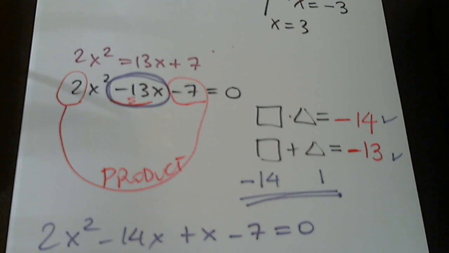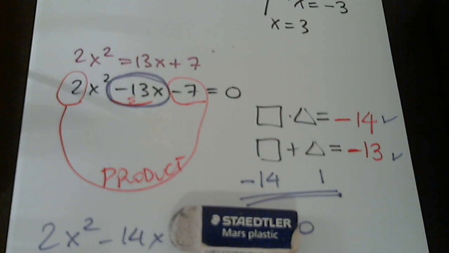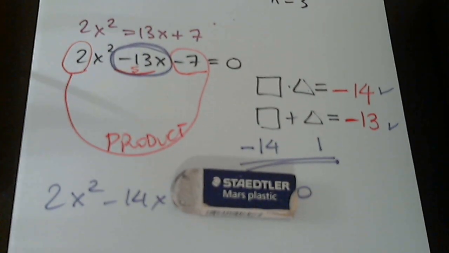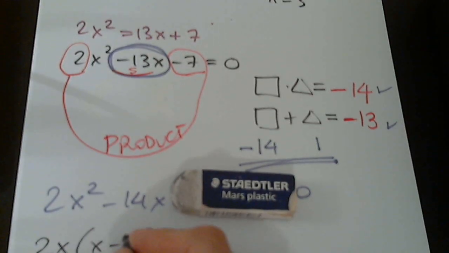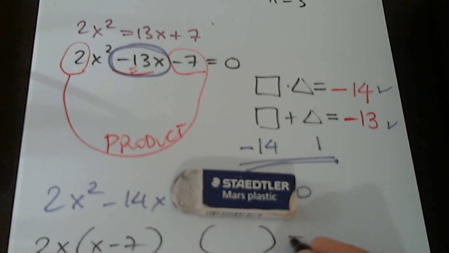Do not go back and combine them and get this. No, because now this is a polynomial. What do we factor out from the first two terms? 2x. Very good. What is left in parentheses? x minus 7. Perfect. What must I have from the other two?